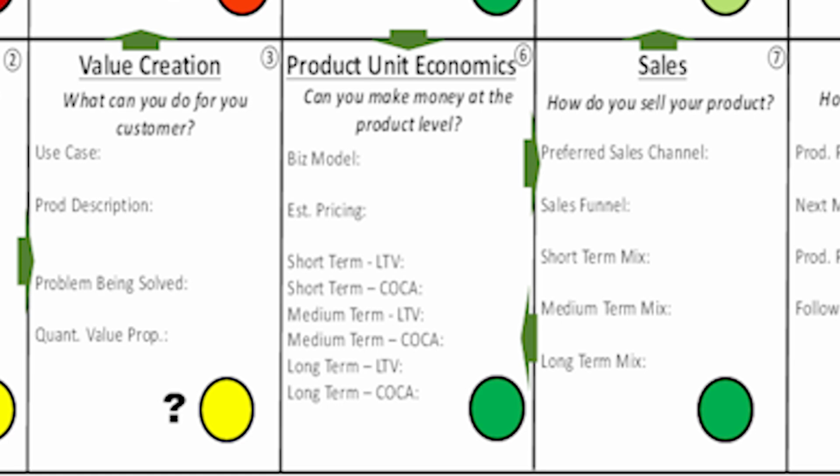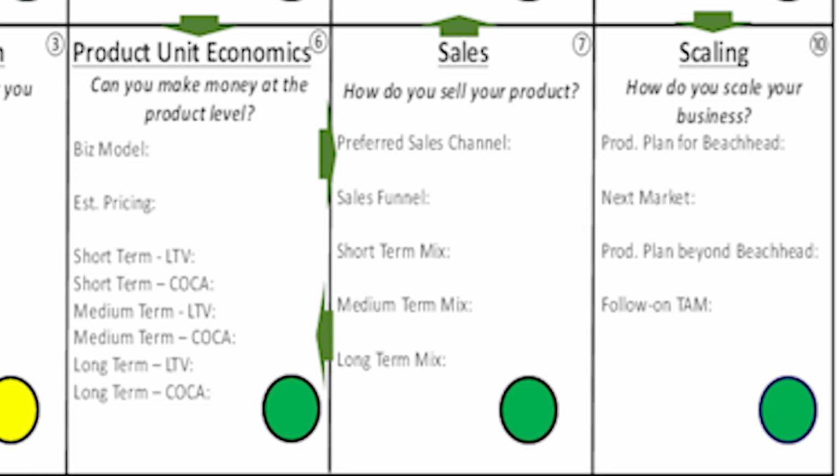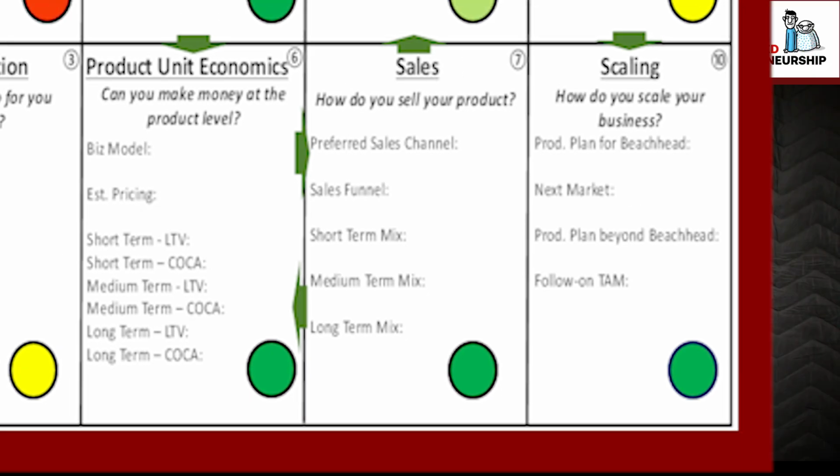We also have to give them a strong green in number 7 in sales because this looks really good for how we are selling it, the channel and everything. And then moving over to number 10, we've got to give them green there. So this is a very strong score on the Disciplined Entrepreneurship Canvas, and with good reason. This direct-to-consumer, D2C, is a good model for those types of things, especially when you've had a viral video hit like this, especially at this time and place.